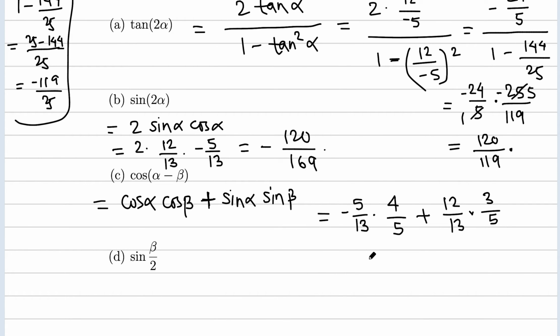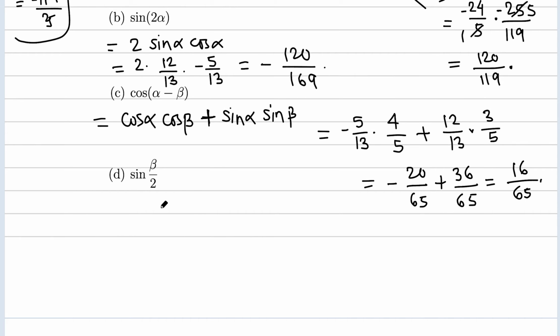Okay, let's simplify. Oh, this is negative, positive means negative. 5 times 4, 20 over 65 plus 36 over 65. So we have 65 common denominator, negative 20 plus 36. 36 minus 20 is 16. Are there any common factors? I don't think so. So that's it.